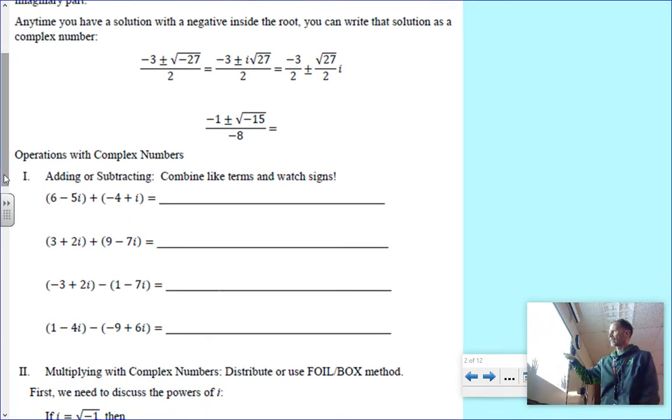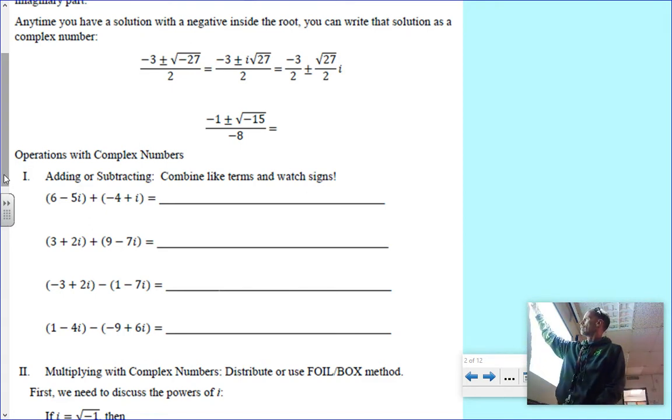Adding, subtracting is the easy one. It's just combining like terms, which is the same thing you've been doing since your algebra days, even pre-algebra days. So if we're doing that first one, 6 minus 5i plus -4 plus i, we can do this in one step. I'm going to do it in two steps, just to show you what it would look like.